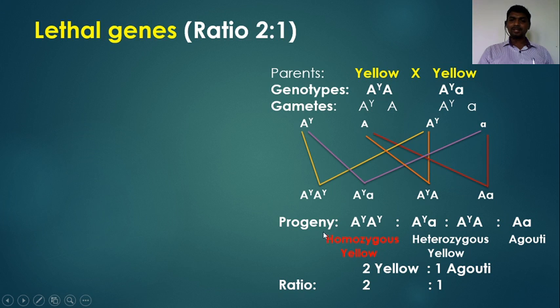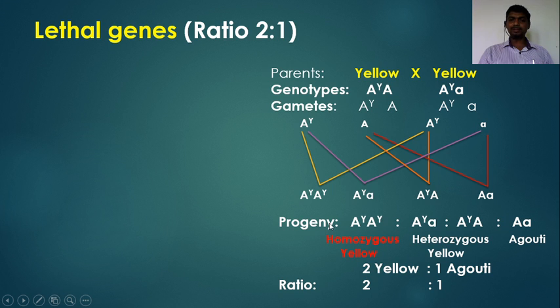During the embryonic stages, the death of the homozygous individual occurs because of this lethal gene. Only these three individuals are able to survive. So we get the ratio of 2 yellow and 1 agouti. If this individual survived, we would have 3 yellow and 1 agouti.